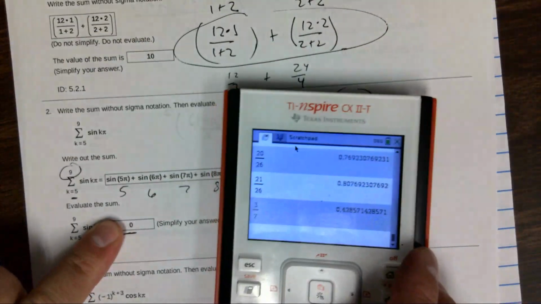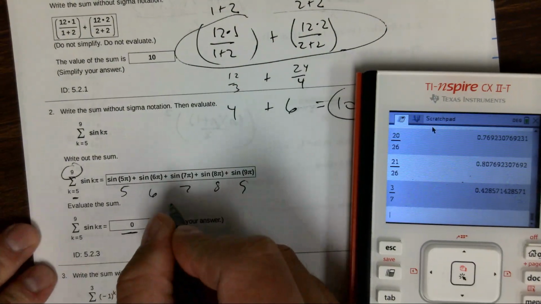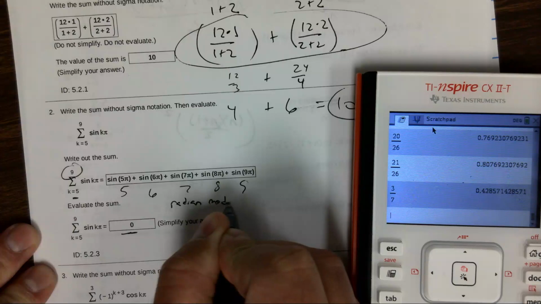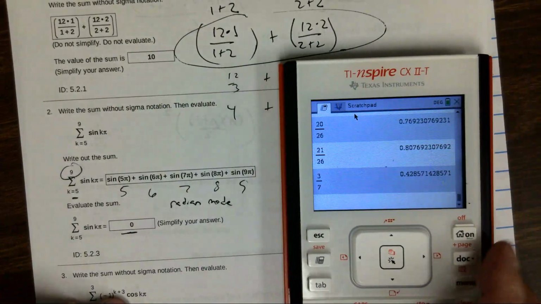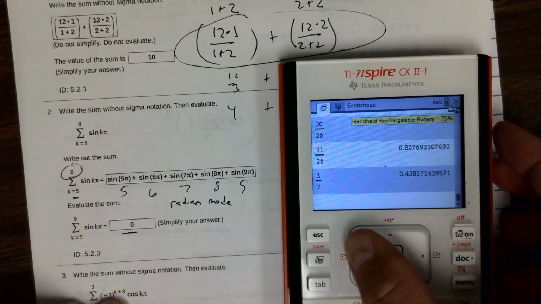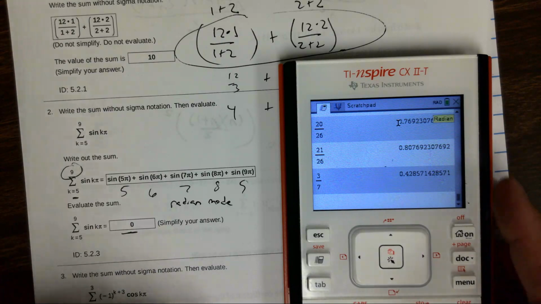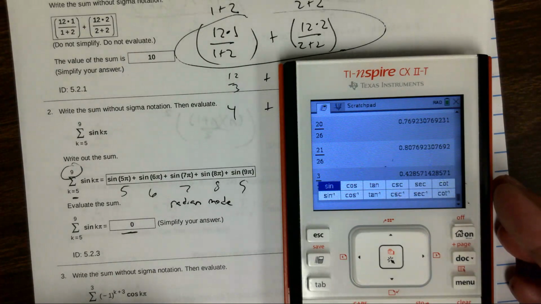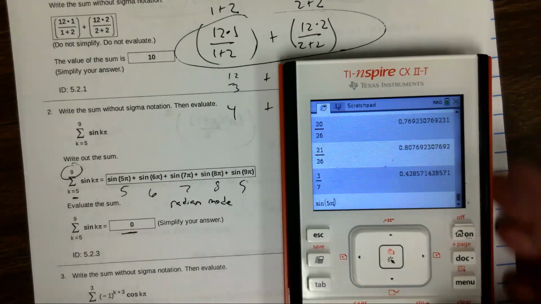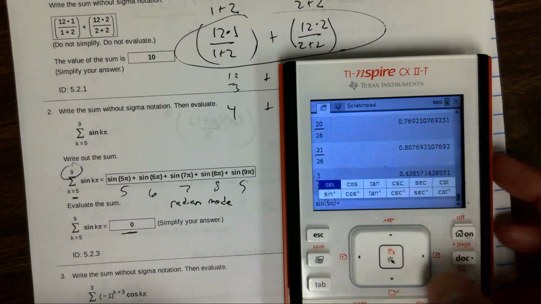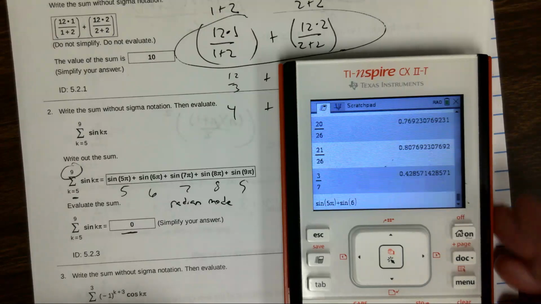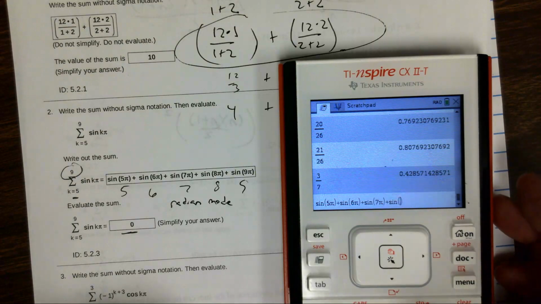So the best way is to make sure you're in radian mode for this problem. And so I've got to do that there. And then you say sine 5 pi plus sine 6 pi plus sine 7 pi plus sine 8 pi.